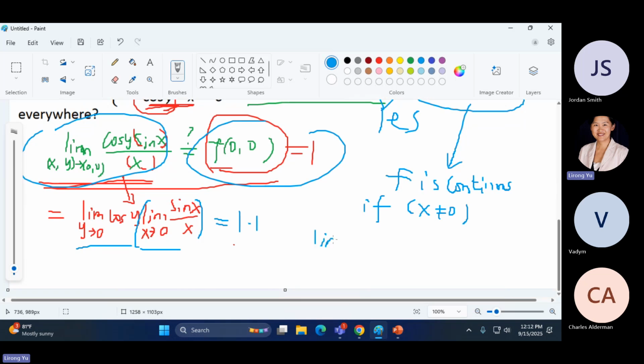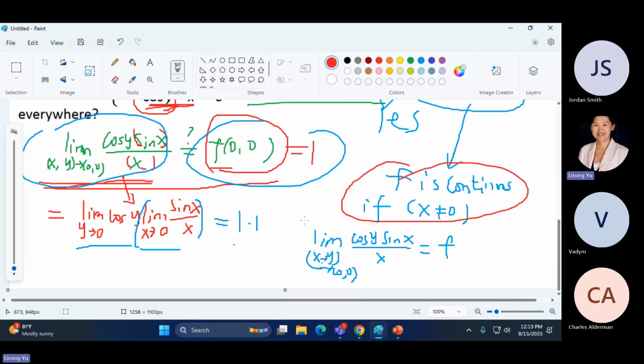So how do we prove continuity? We take the limit of cosine y sine x over x as x and y approach (0, 0), and see if it equals f, which is cosine y when x equals 0. The first part is already continuous.